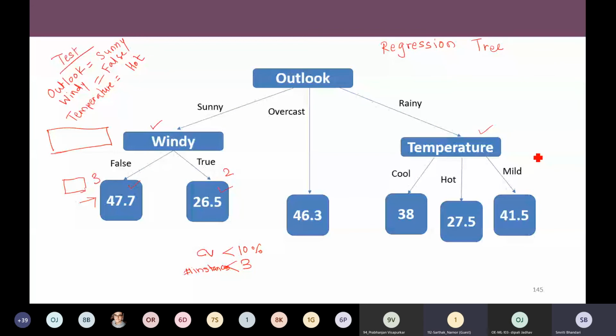Similarly, if we go here, we are having the subset for outlook equal to rainy. And if we have now selected temperature as the decision node here, then out of this subset, a few of the examples will have temperature value equal to cool.